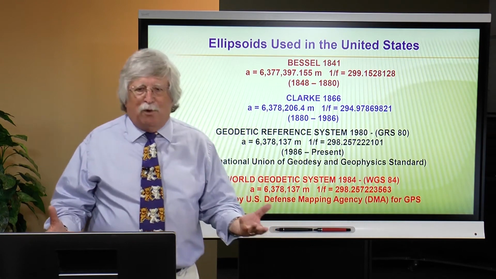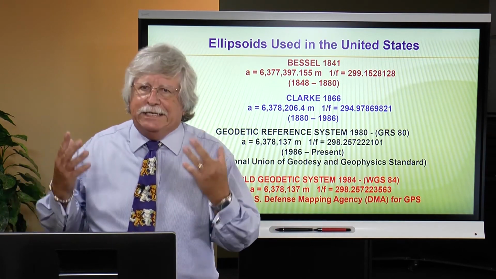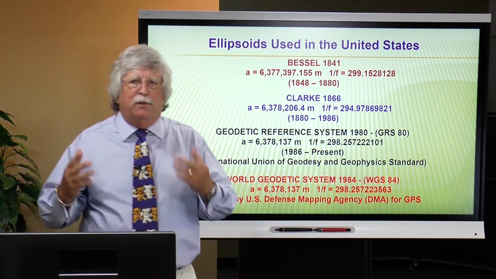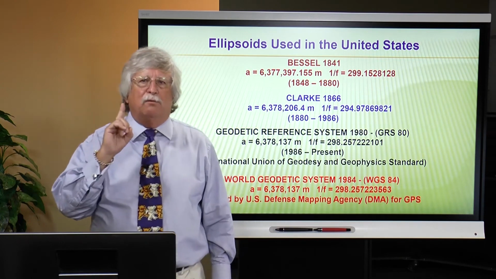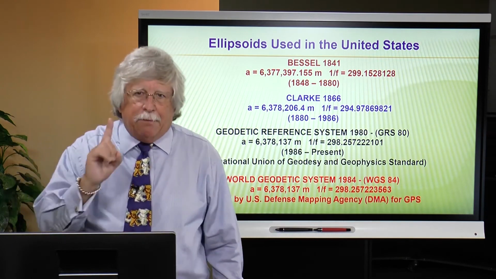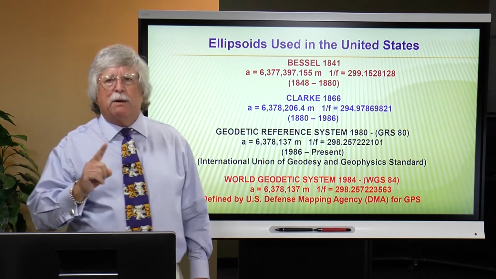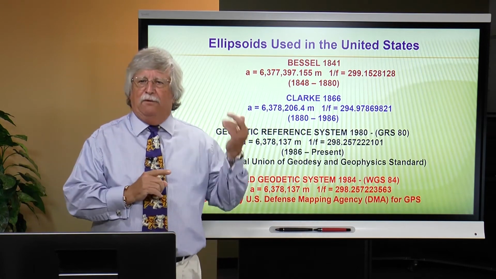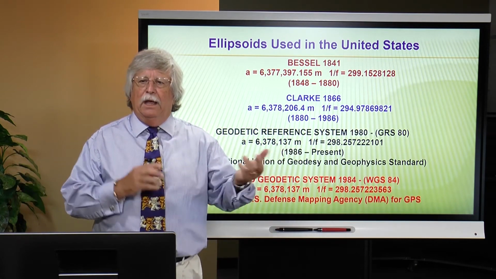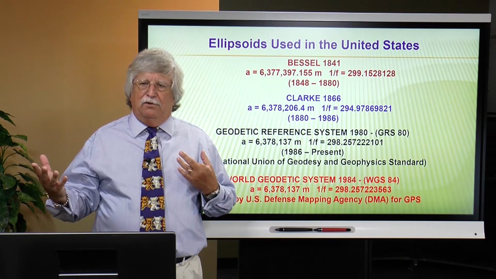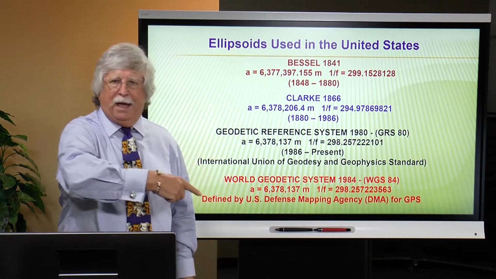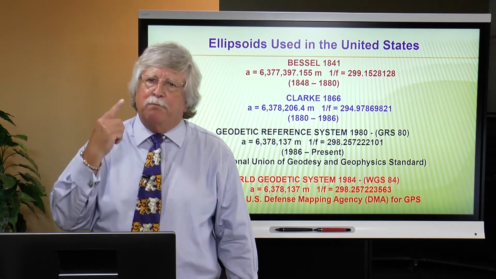So for all practical purposes, there is no difference in the size and shape of the Earth, and that is really important to remember. That does not mean, however, that there is not a positional difference between coordinates in NAD 83 and coordinates defined in WGS 84, and that goes back to those other 6 components.